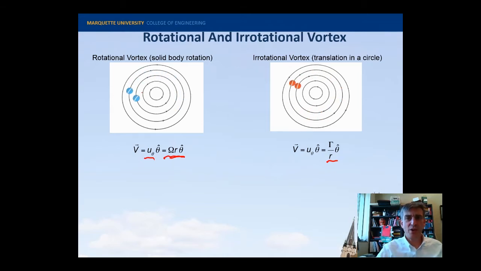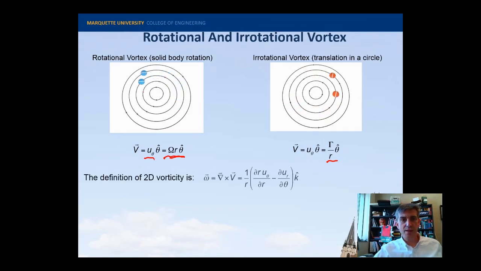However, for the vortex on the right, if we look at an individual dot representing a particle, you can see that these particles aren't spinning. If you focus on the white dot through this orange circle, it's actually just translating in a circle. So each particle isn't rotating in and of itself, rather it's translating about the center in a circle. That's the distinction between an irrotational and a rotational vortex.